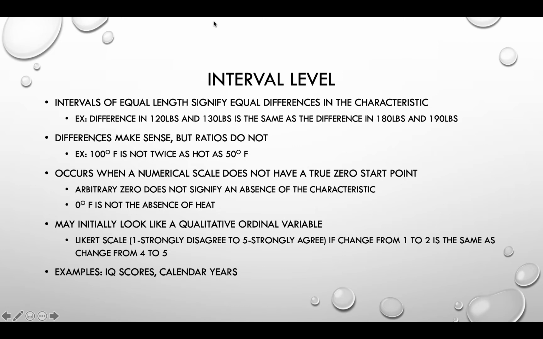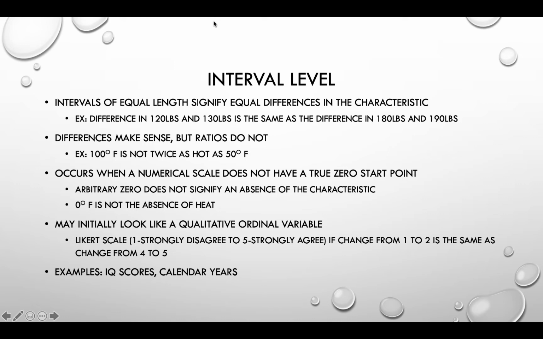Intervals of equal length signify equal differences in the characteristic. What the heck does this mean? What this is saying is that the difference between 120 pounds and 130 pounds, meaning 10 pounds, is the same as the difference between 180 pounds and 190 pounds.